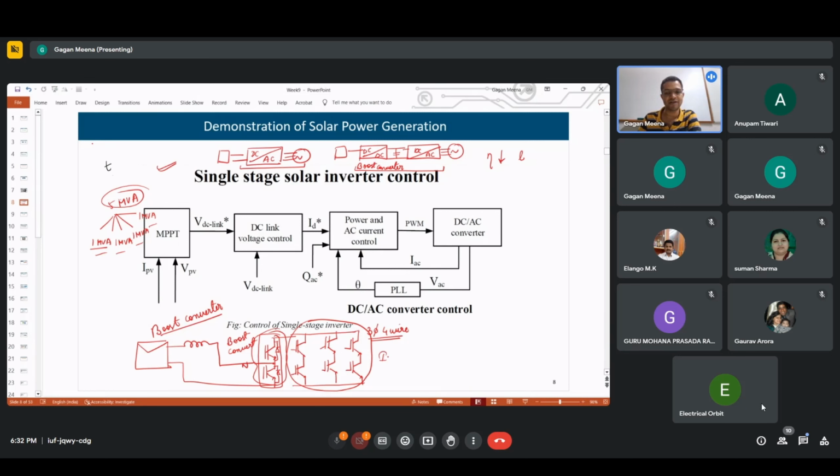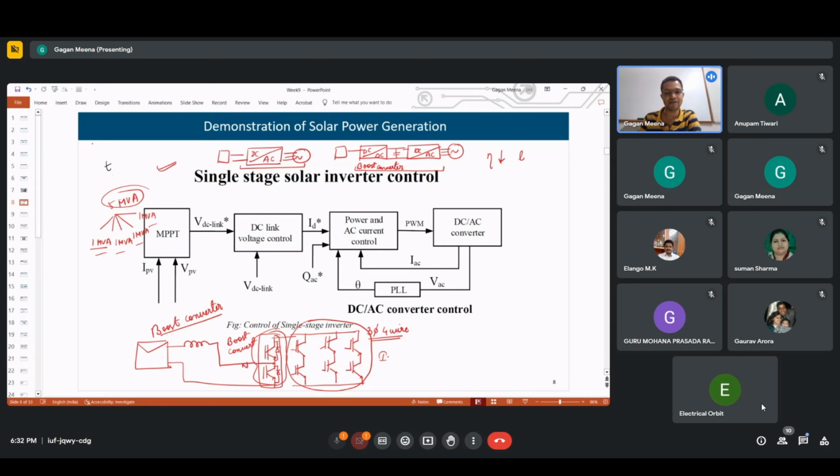Alpha beta is also called the stationary frame of reference, and DQ0 is called the synchronously rotating frame of reference. For DQ0 we need one piece of information, which is theta. So here we are converting currents and voltages into the DQ domain.